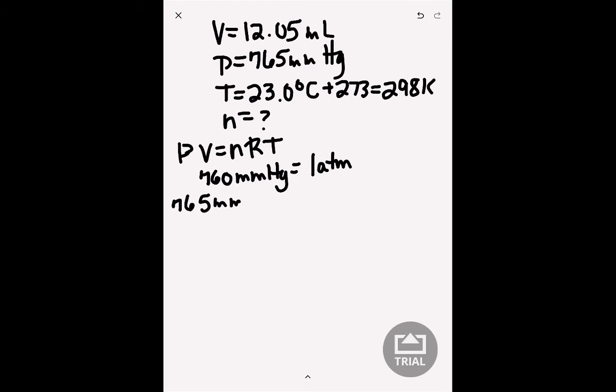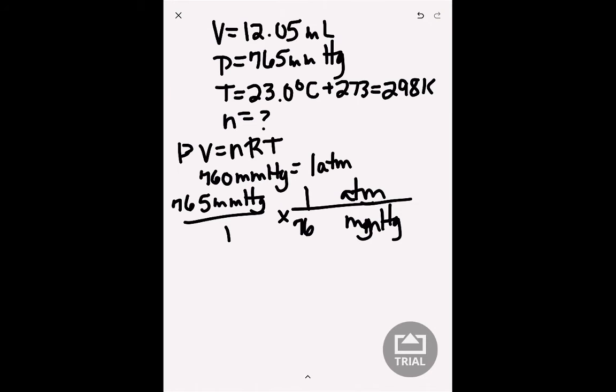765 millimeters of mercury. We're going to change that to atmospheres. Millimeters of mercury to atmospheres. Again, 1 atmosphere is 760 millimeters of mercury. So what we're going to do here is 765.